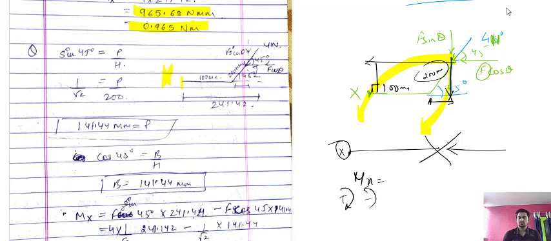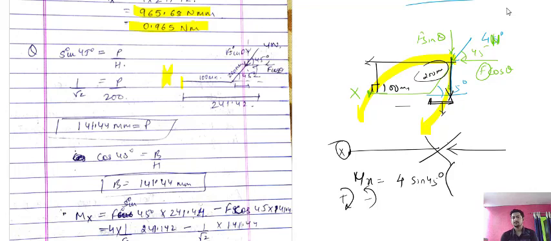So what will be the components? First of all, you can calculate the clockwise moment. Clockwise will be F sin theta, which is F sin 45 degree. Now we have the component, and the distance will be this distance plus this distance. This distance we previously calculated as 141, because the angle is the same and this distance is also the same, 200.